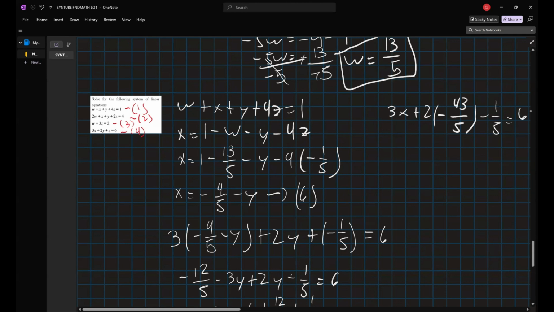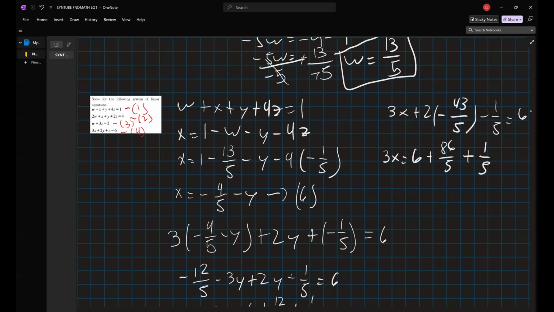We combine everything together. We get 3x plus negative 86/5, or we can transfer it to the right side immediately, which gives us plus 86/5 plus 1/5.